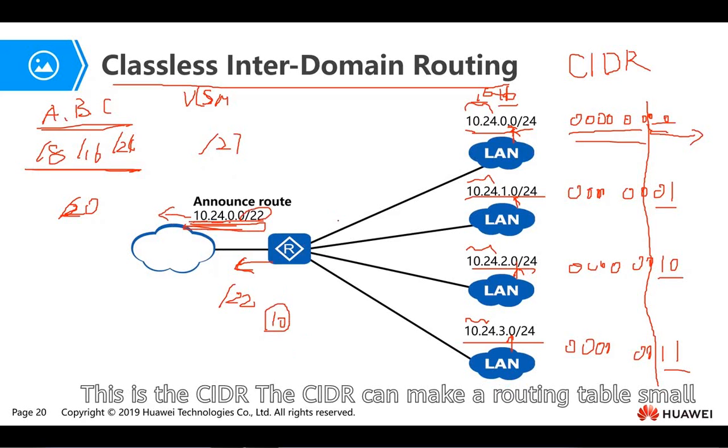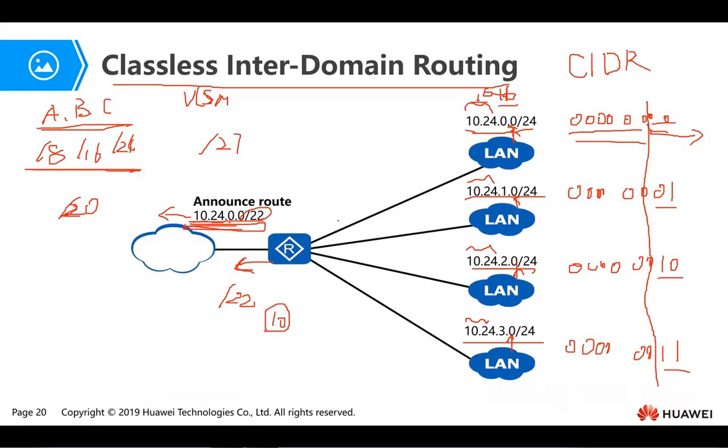This is CIDR. CIDR can make the routing table small. The 4 networks only send out 1 route item.